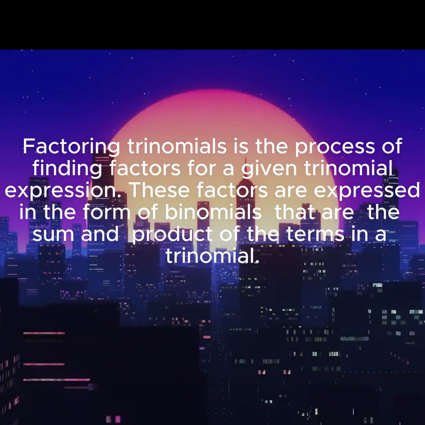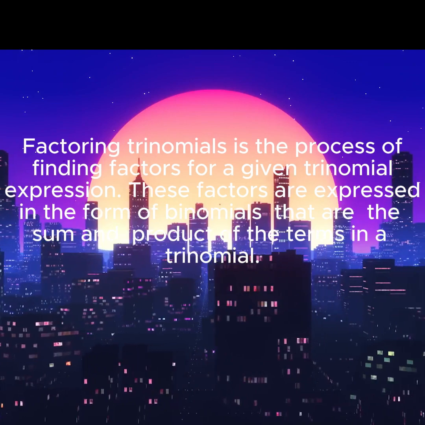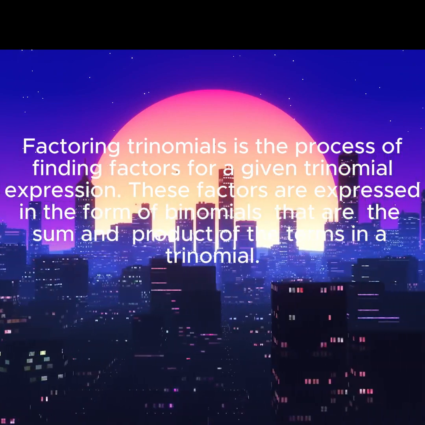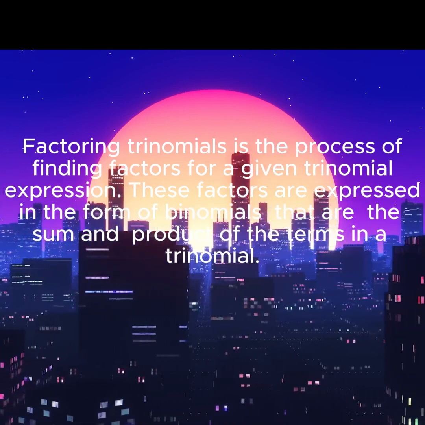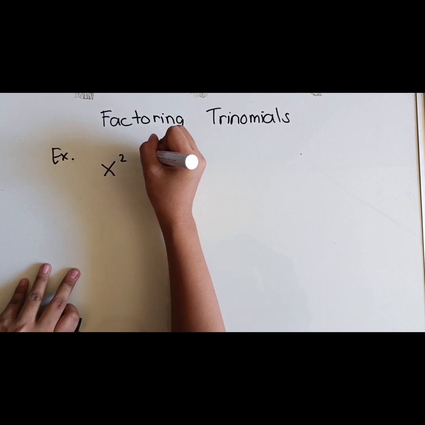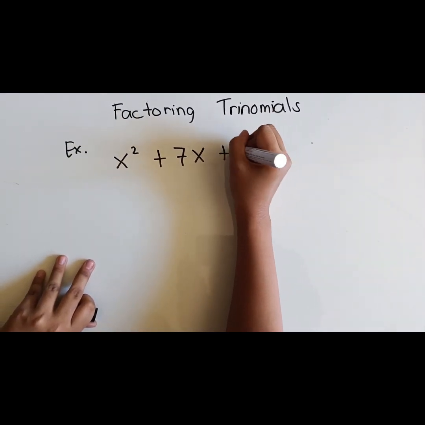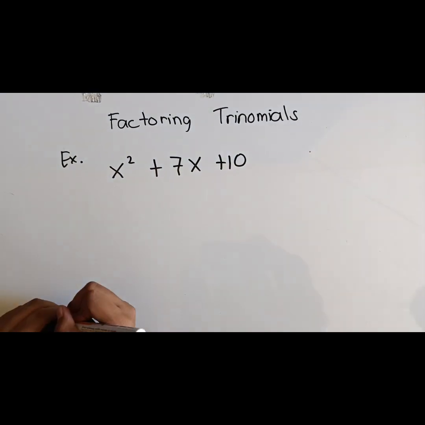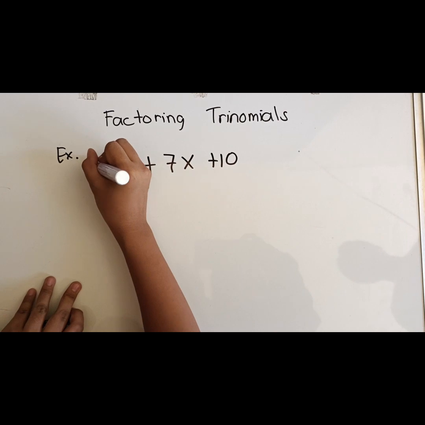Factoring trinomials is the process of finding factors for a given trinomial expression. These factors are expressed in the form of binomials that are the sum and product of the terms in a trinomial. Example, x squared plus 7x plus 10. Before we start, we should know that the leading coefficient of this is 1. No need to write it down.